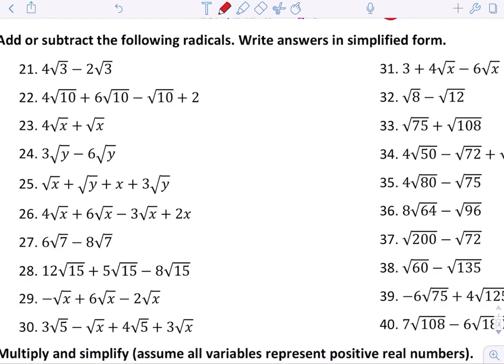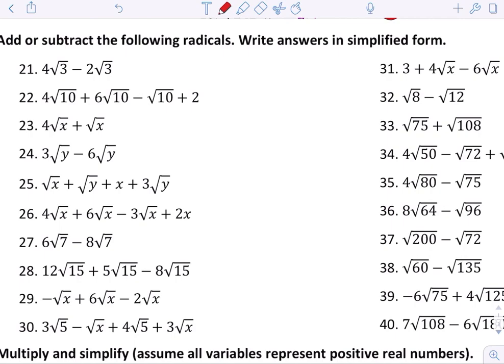All right, here's how to add or subtract the radicals, you guys, in simplified form. So we're gonna do evens first. Number 22, radical 10 cannot be simplified, so now we just gotta collect like terms, right?